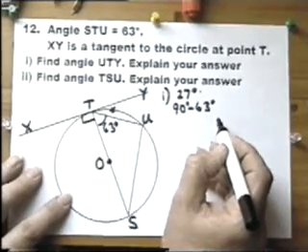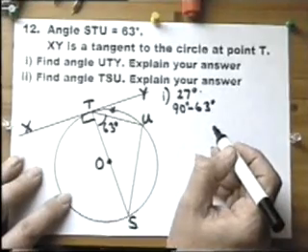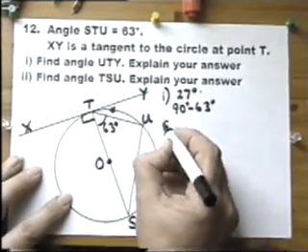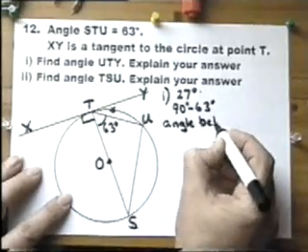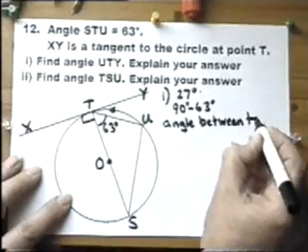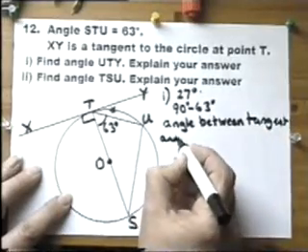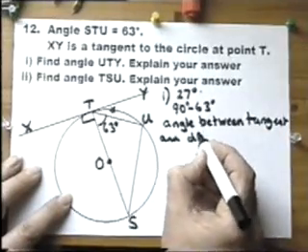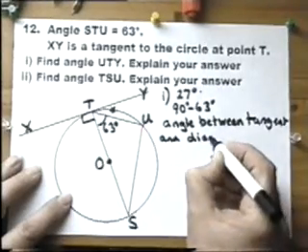Explaining your reason, giving your reasons, is to quote the circle theorem fact, the angle fact you're using. So I'm going to write down: angle between tangent and diameter. You can use the word diameter or radius actually, because there's the radius and there's the diameter.